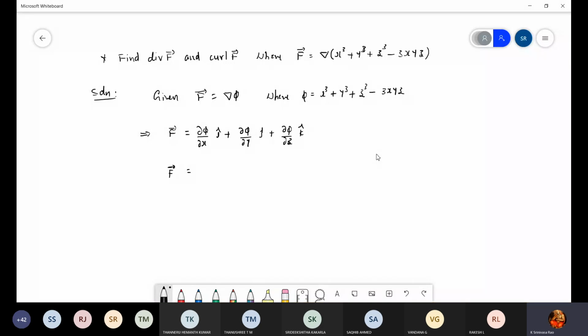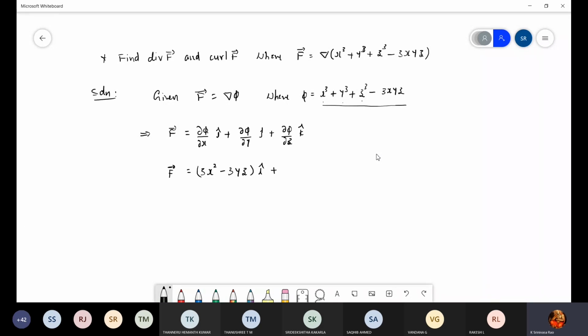Differentiate phi with respect to x. You will get 3x square: x cube differentiates to 3x square, y cube to 0, z cube to 0, minus 3yz. Is it right? Okay.